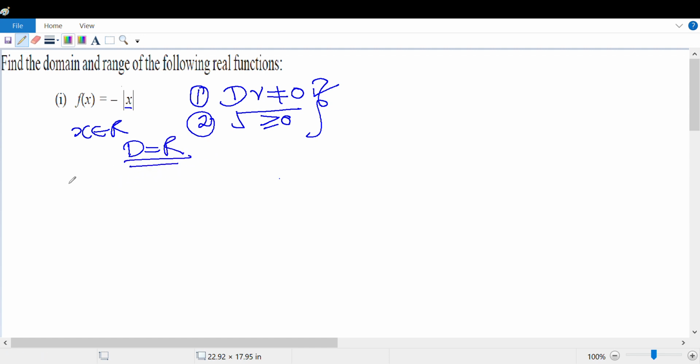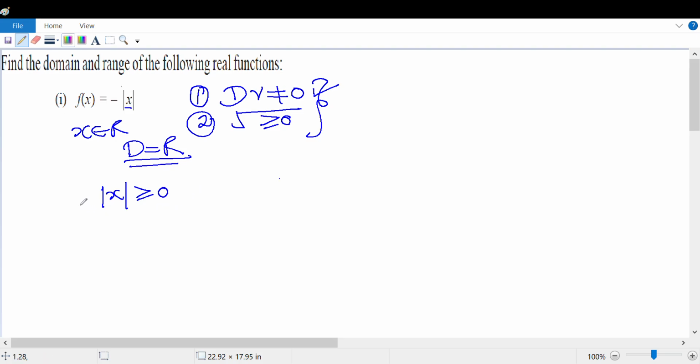At the same time, for finding the range, you know that the range is the set of all y elements. So first of all, see, mod x will always be greater than or equal to 0. It will be at least 0 or above 0.